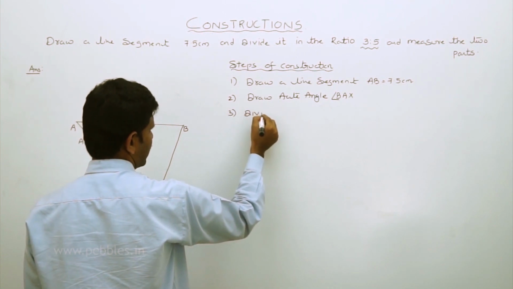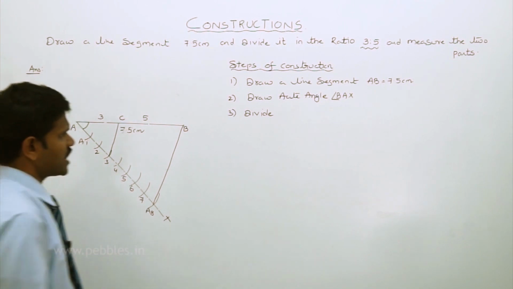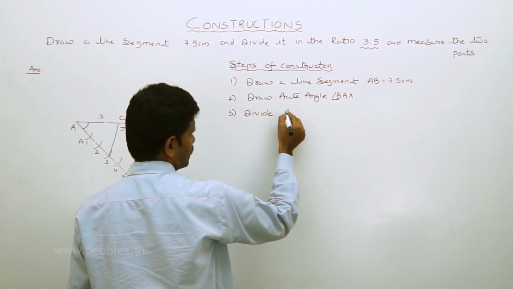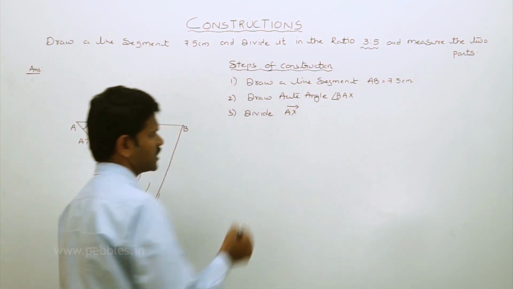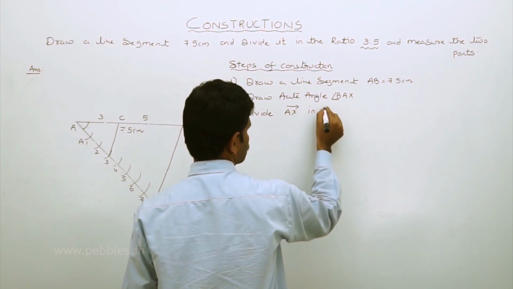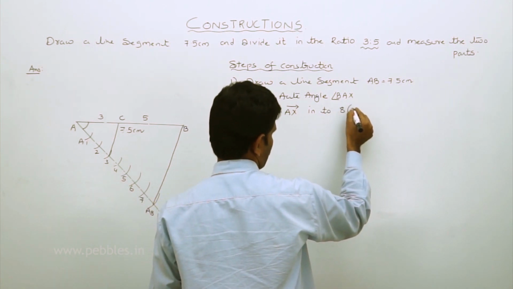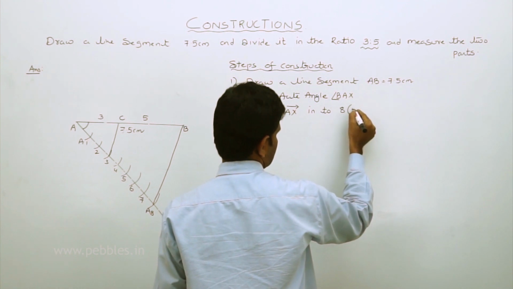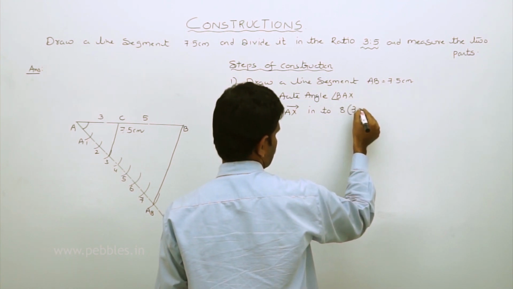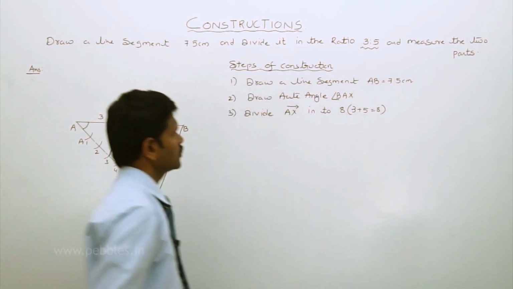Now divide AX, that is a ray, into 8 equal parts. 8 how? That is 3 plus 5 is equal to 8.